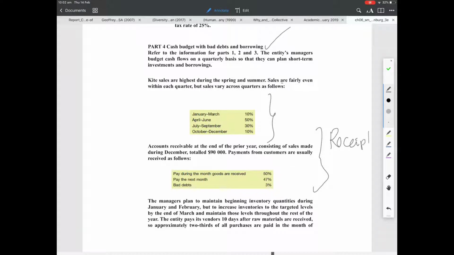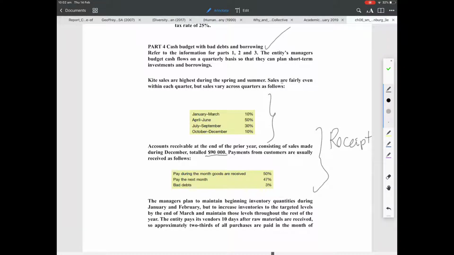The receipt has a pattern like this: 50% in the month of sales, 47% in the month after the sales, and 3% bad debt. And in the beginning of the year, which is the beginning of January, we also have an account receivable of 90,000 to be collected. That is from the sales in December.